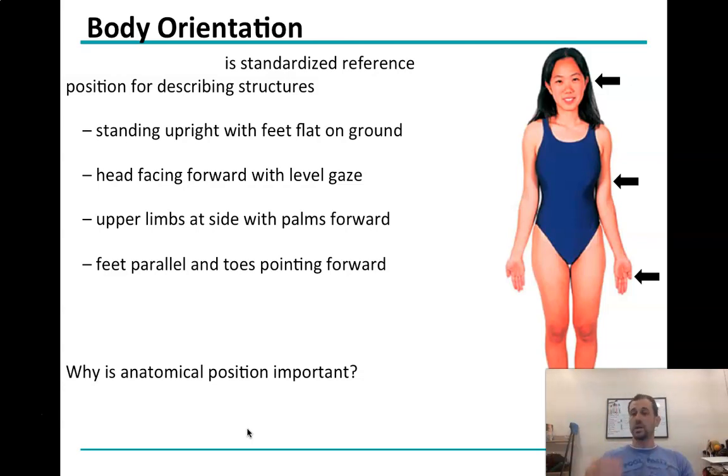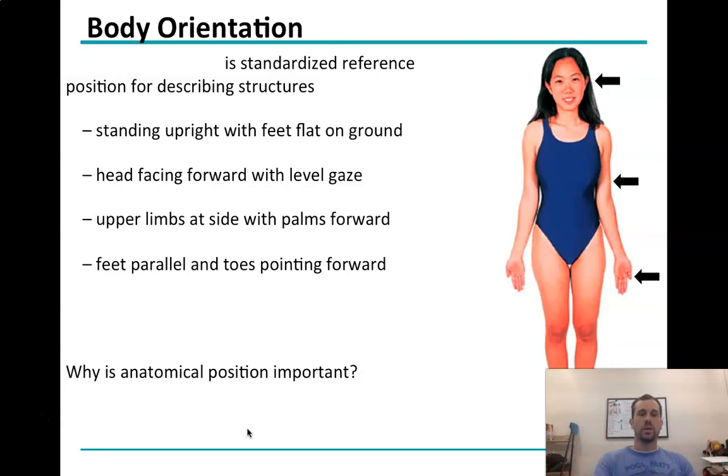Sitting in a chair, your hand may be below your elbow. With your arms crossed, your hand may be above your elbow. How do you describe that to somebody else? Of course, that relative position is going to change. So we use this standard position to describe what is going on with the body.